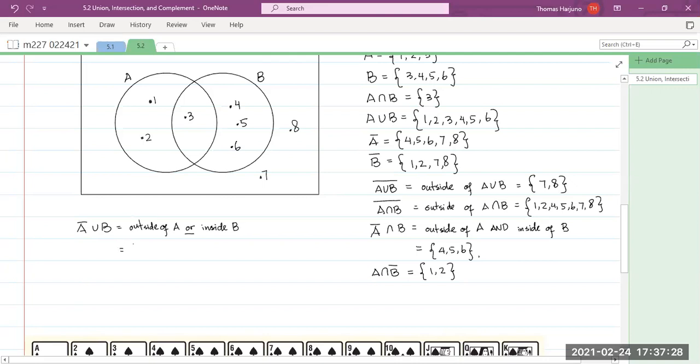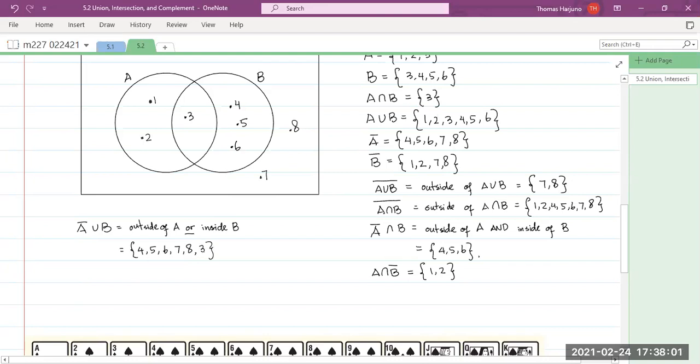Okay, but there is more. Let's start with outside of A. What are outside of A? 4, 5, 6, 7, 8. Those are outside of A, right? Now then, how about the ones inside B? 3, 4, 5, 6. But 4, 5, 6 already registered, so I just put more 3 in.